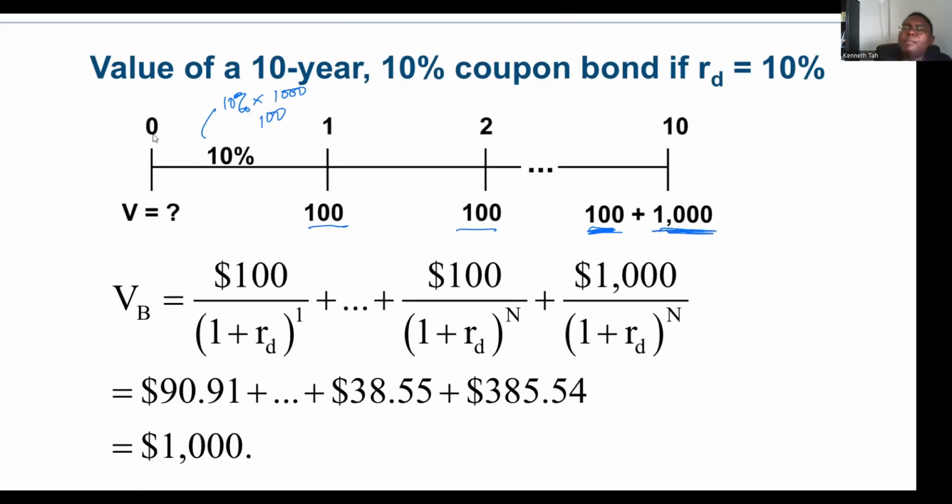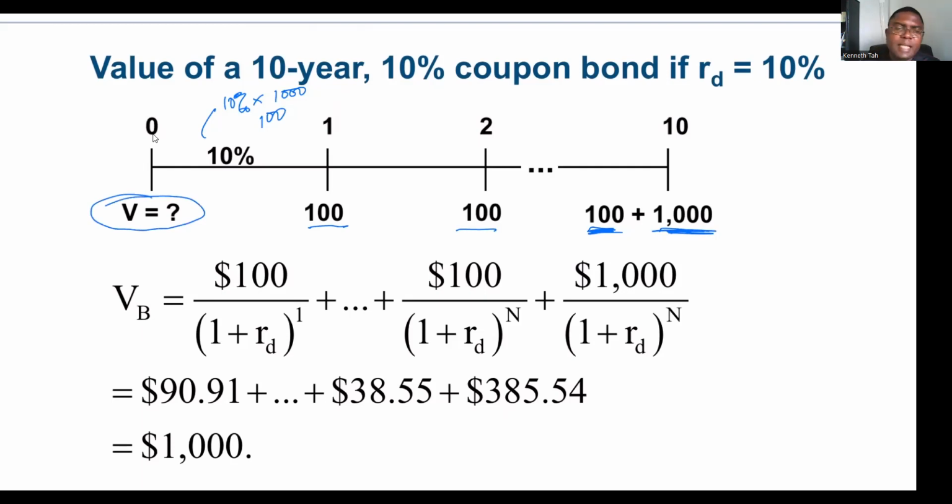That's why we define the par value as the amount that will be received at the end of the life of the bond. So this is how bonds work. You get periodic coupon payments, and at the end of the life of that bond, you have the last coupon payment and you are given the par. So in this question, we are interested in calculating the value of the bond.